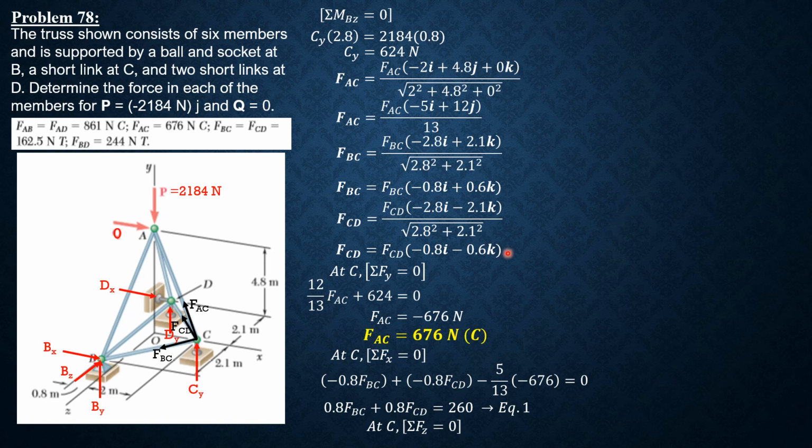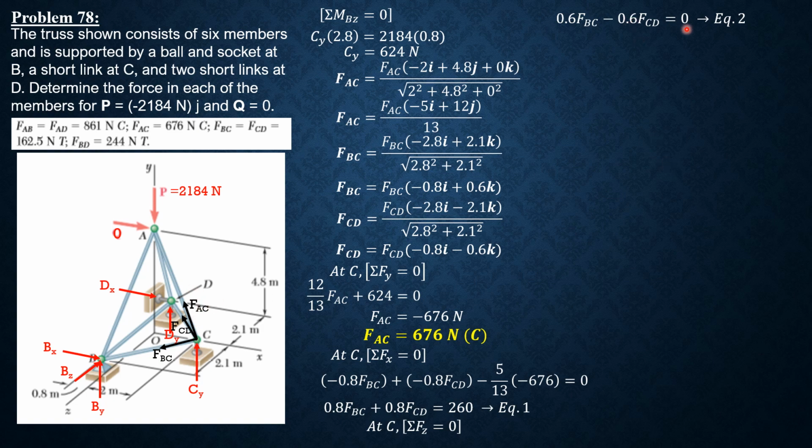So we have FBC times Z component of FBC is 0.6 FBC, then plus Z component of FCD negative 0.6 FCD, then equals 0. There's no component for FAC.